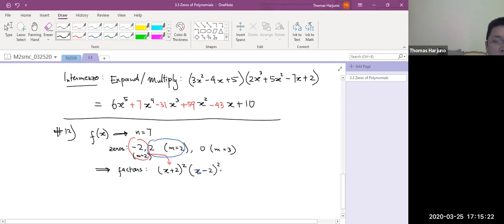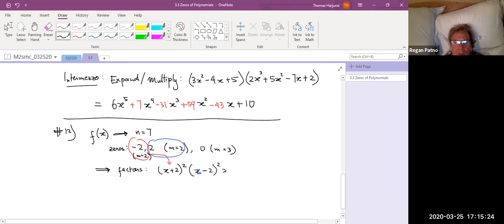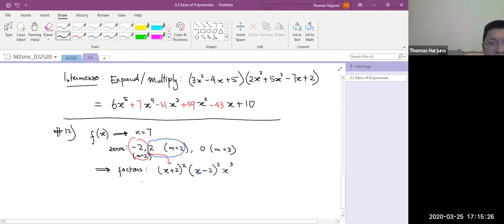And finally, x cubed. Now our function f(x) must be a sub 7 times x plus 2 squared, times x minus 2 squared, times x cubed.